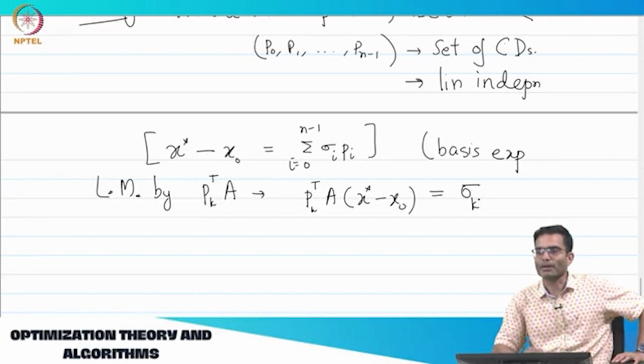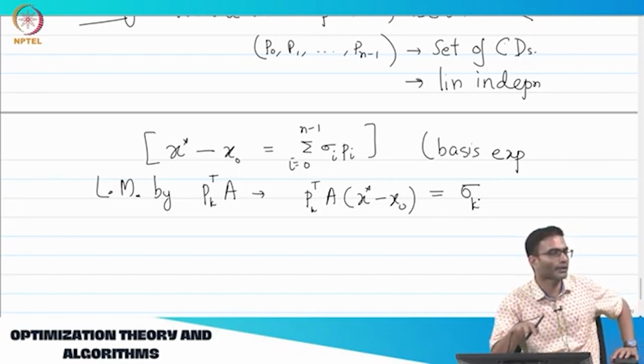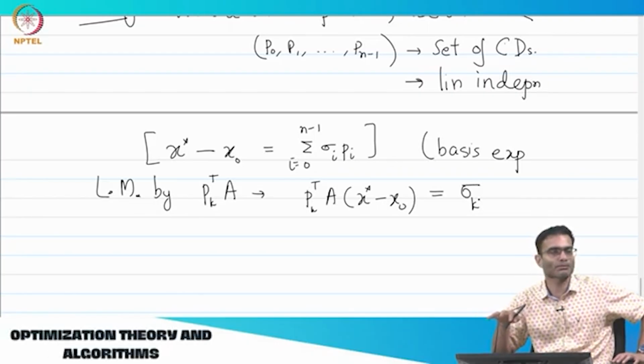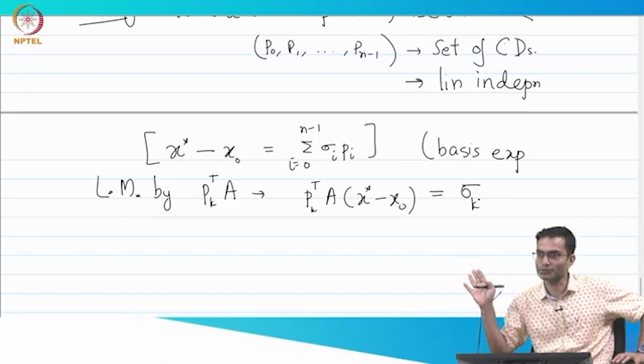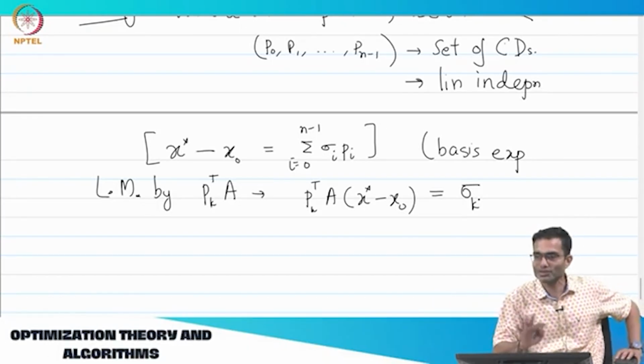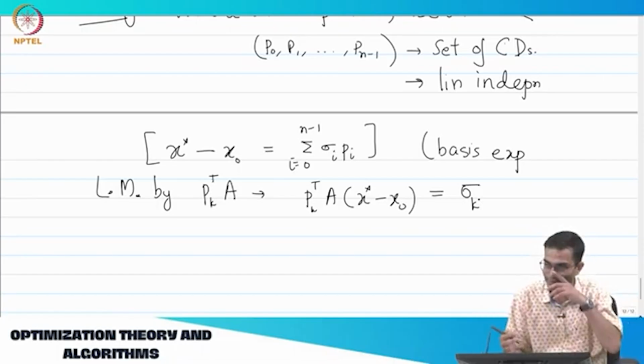Okay. By the way, is this a useful way of calculating sigma k? Common sense answer. Look at the expression. Is it useful? No, because I don't know x star. If I knew the solution, why should I do all this? This is just a way of manipulating the expression.